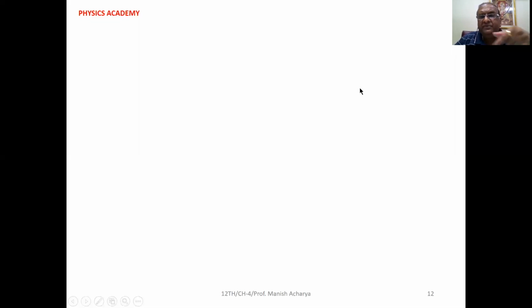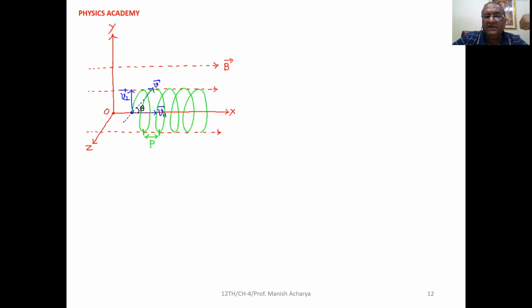Now see, in previous theory we discussed this thing, the velocity of the charged particle is perpendicular to the magnetic field. But suppose the velocity of the charged particle is at some angle theta with respect to the magnetic field.